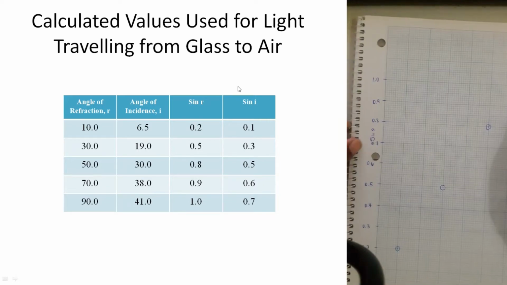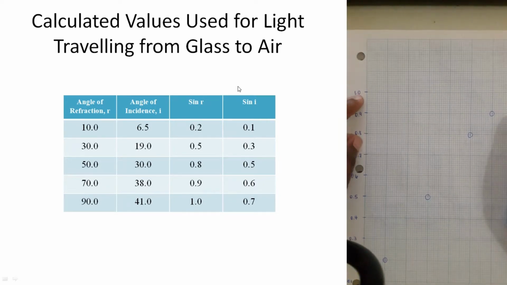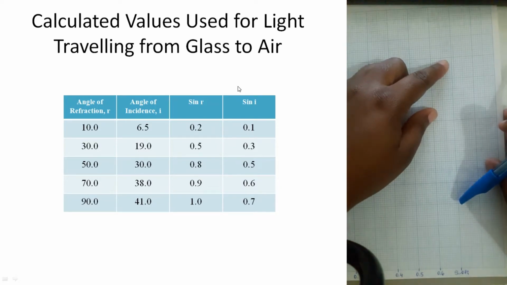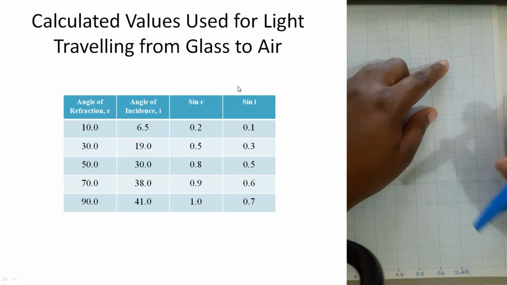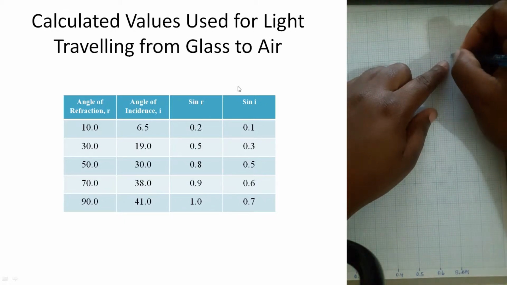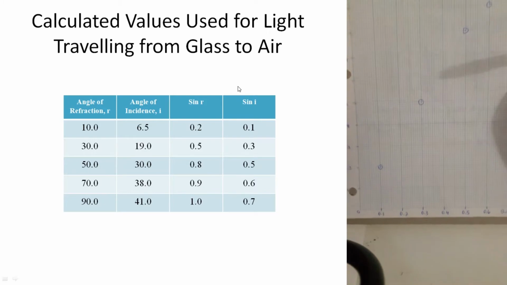Okay, when sine R is 1, you go across here and you look for 0.7. So move up. Right. And it looks like we have achieved a straight line graph.